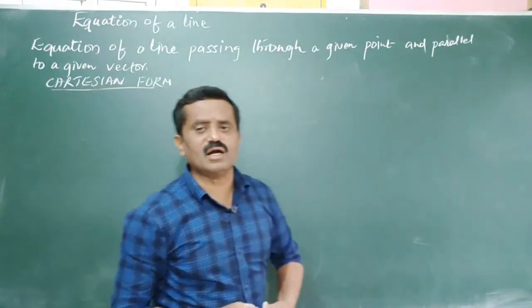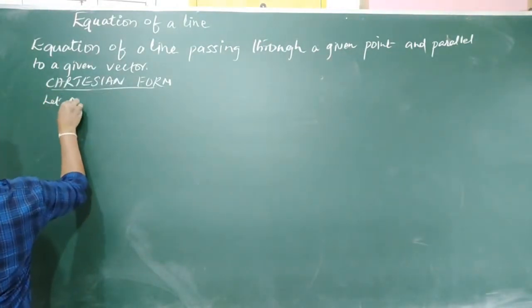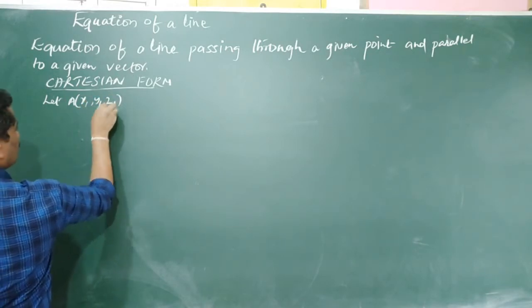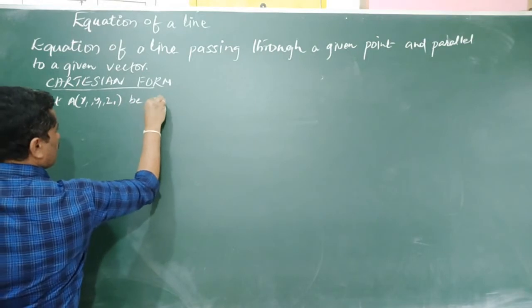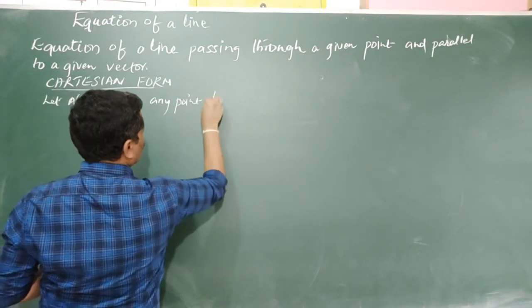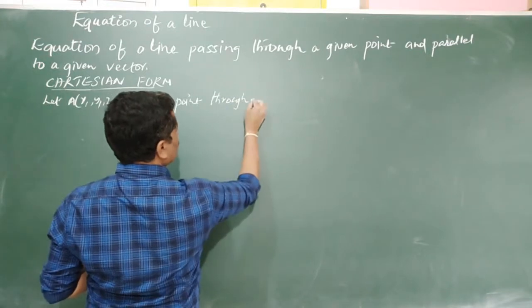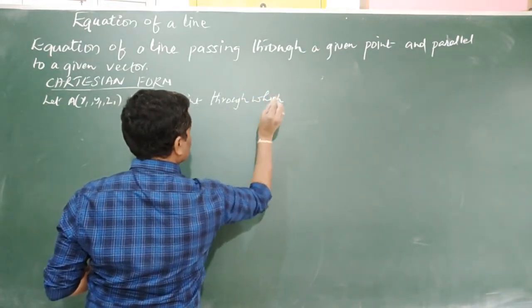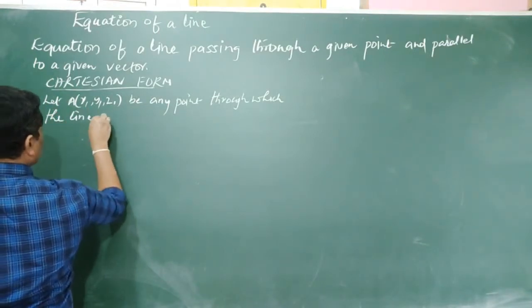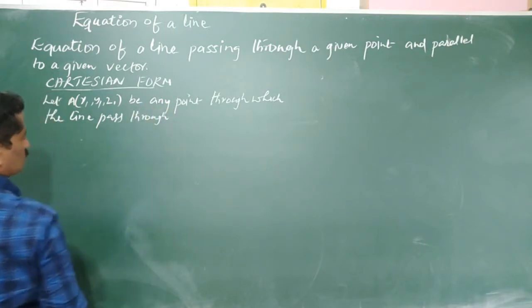Next we have the Cartesian form. Here let A of x1, y1, z1 be any point through which the line passes.